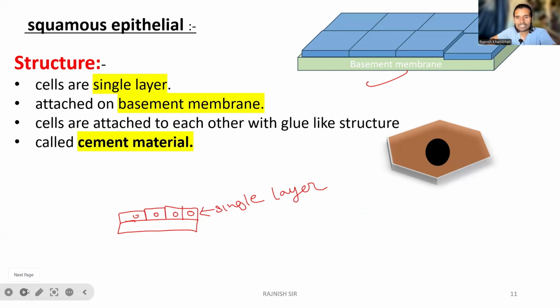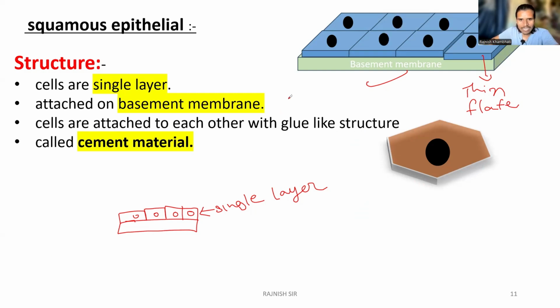So these are the cells, and how are the cells looking? What is their shape? They are thin and flat. Next, they have a nucleus. See, the nucleus is coming. So we can see the nucleus.